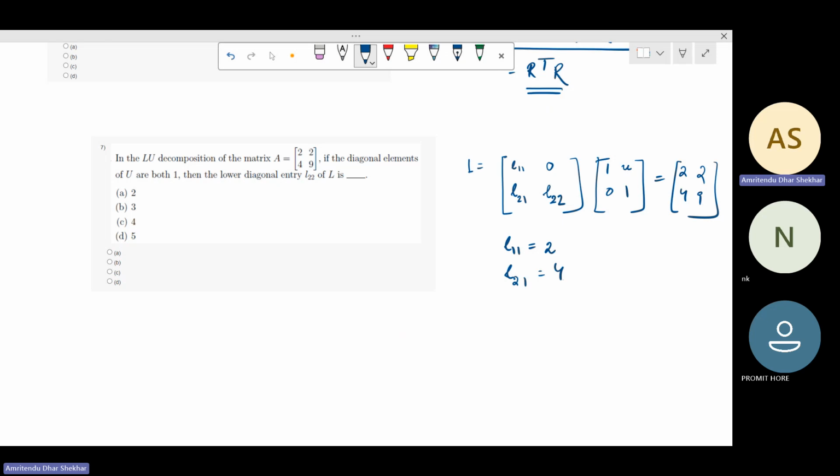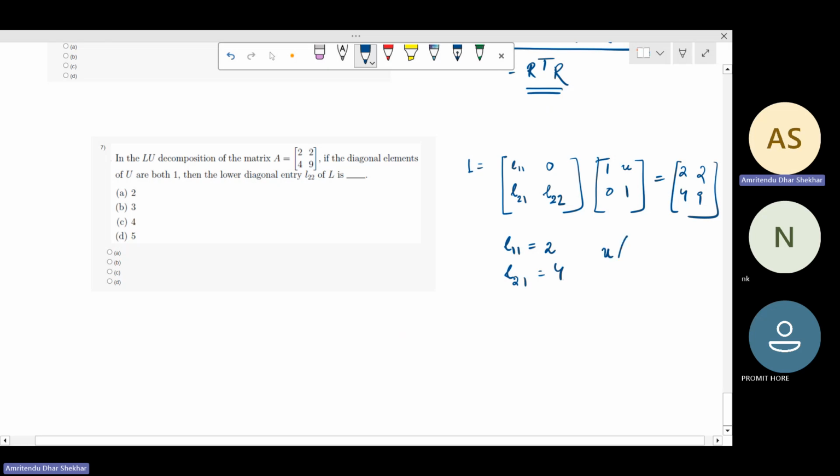Then for the second row, you get basically this.